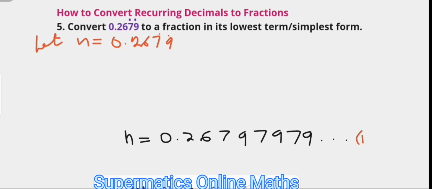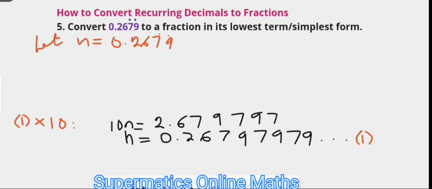That is our equation 1. Then we multiply the equation 1 by 10. This gives 10n equals 2.679797979 that continues on like that as equation 2.